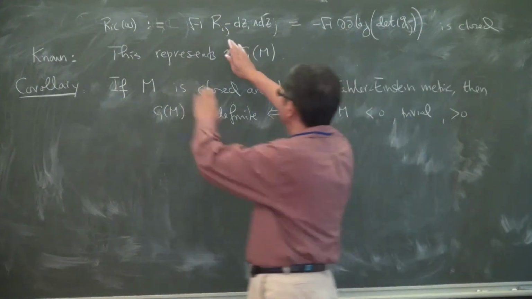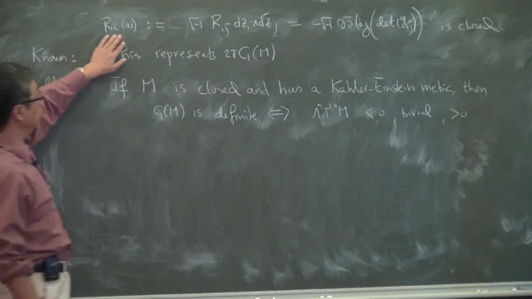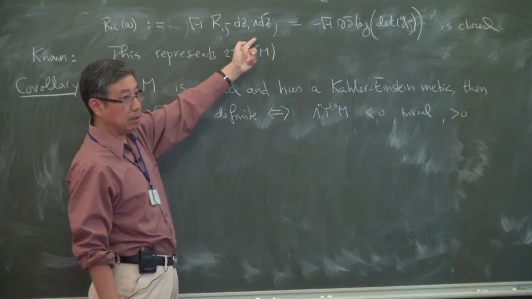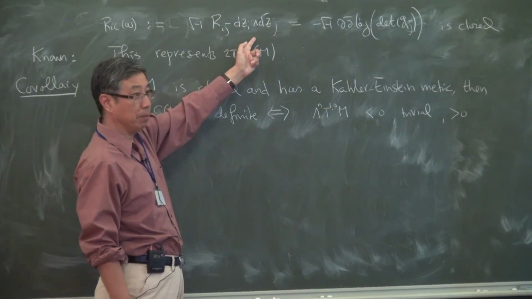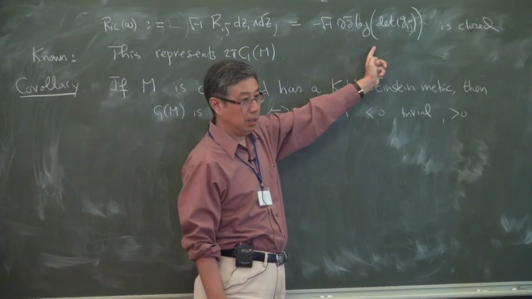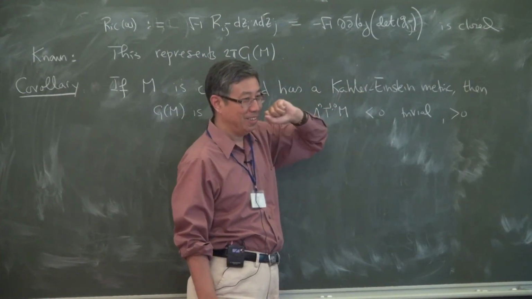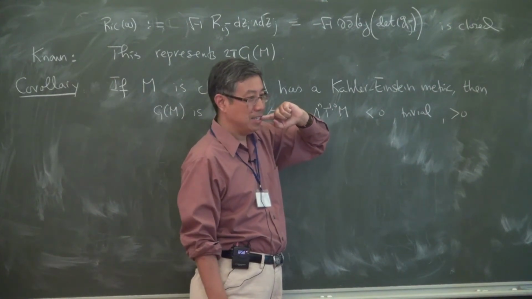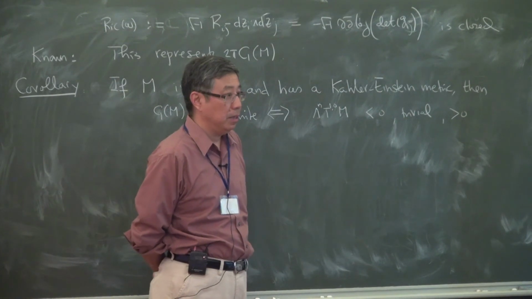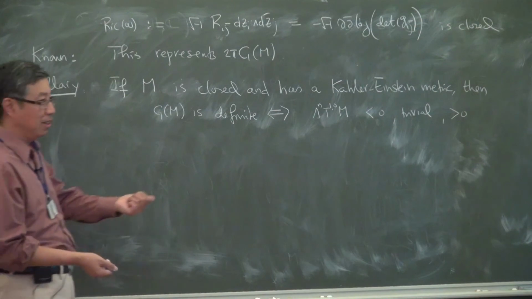Ricci, I define this way. Ricci curvature is a tensor, so I set this form as this. You can define this as a globally defined form of this form, so it's closed. Usually, Ricci is a symmetric tensor, that's right, in the real coordinates.